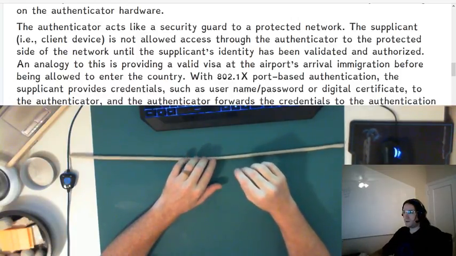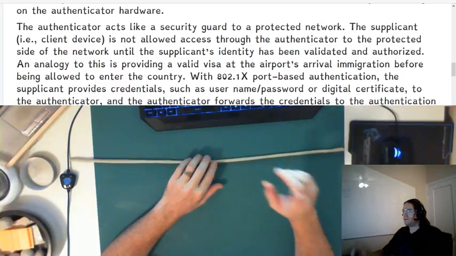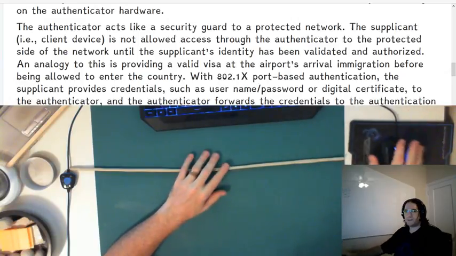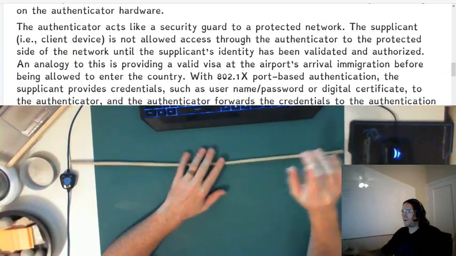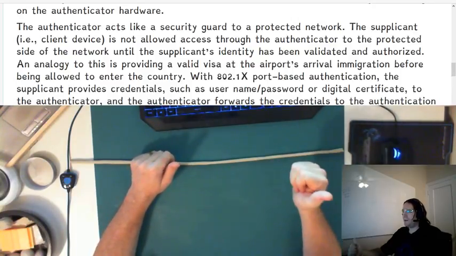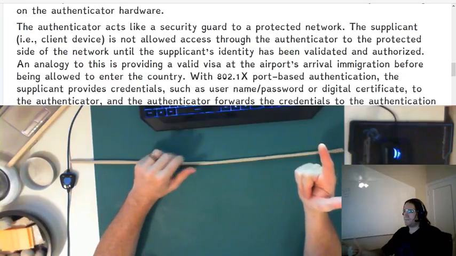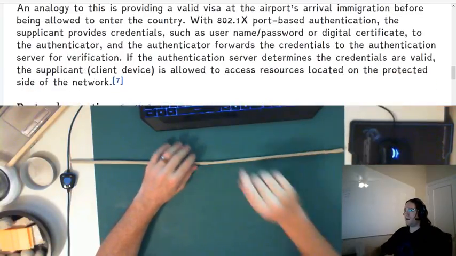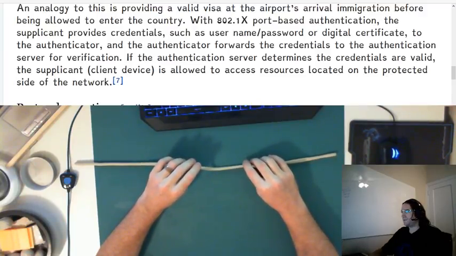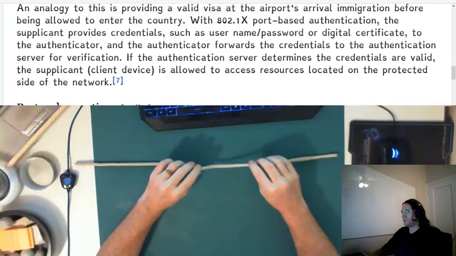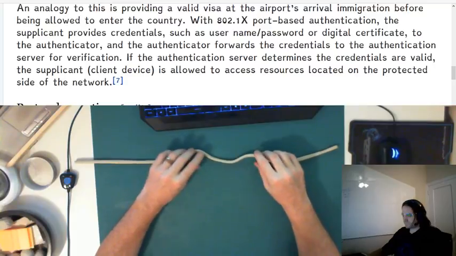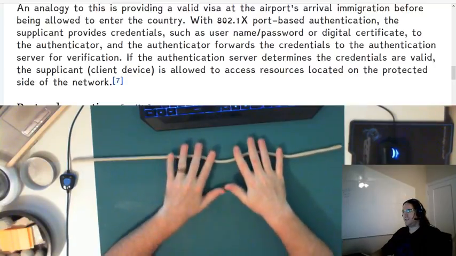The supplicant, i.e. the client device, is not allowed to access through the authenticator to the protected side of the network until the supplicant's identity has been validated and authorized. An analogy to this is providing a valid visa to the airport's arrival immigration before being allowed to enter the country. Okay, that's the analogy.